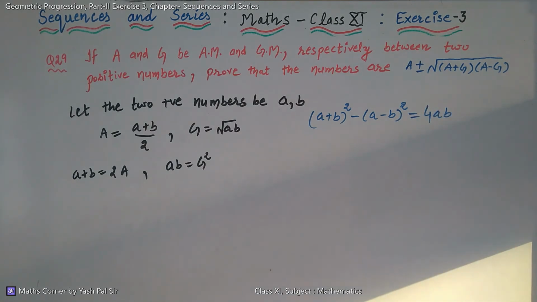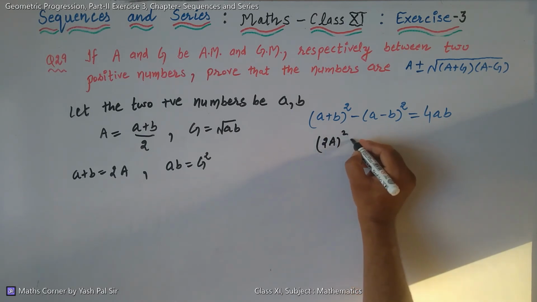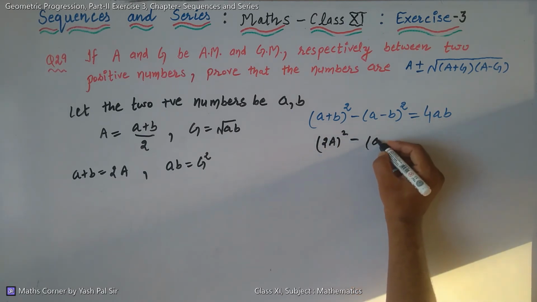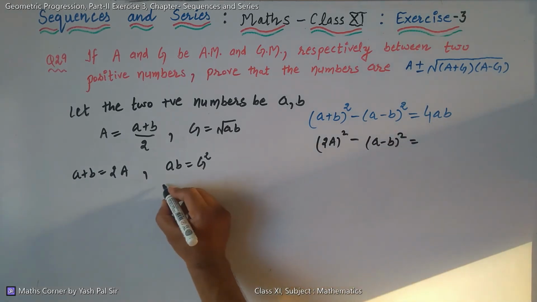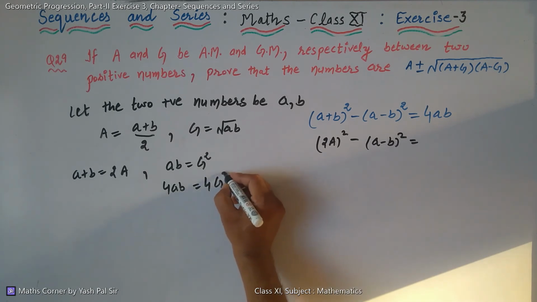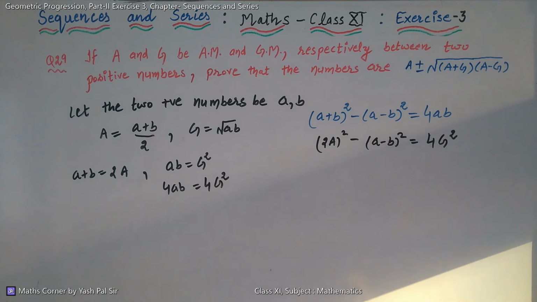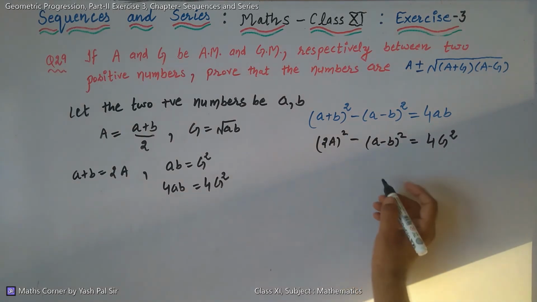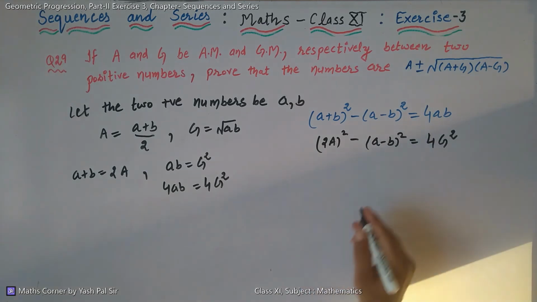Now we substitute the value of a plus b. So a plus b is 2A, (2A) whole square minus (a minus b) whole square equal to 4ab, that is 4ab equal to 4G square. So this is 4G square, right? So this means (a minus b) whole square will go to right hand side.